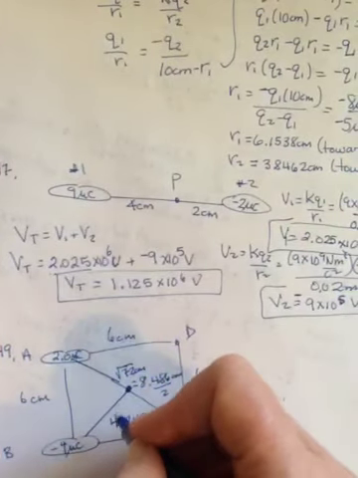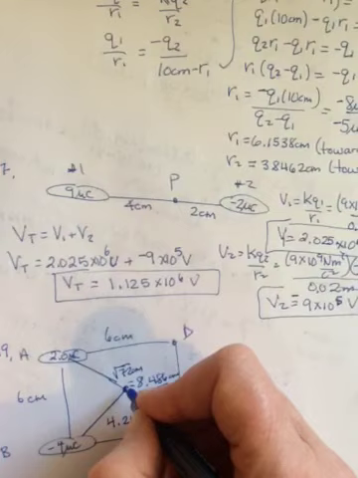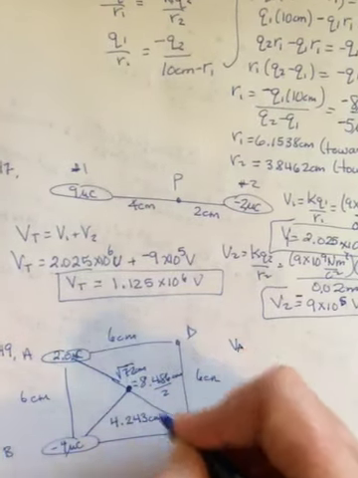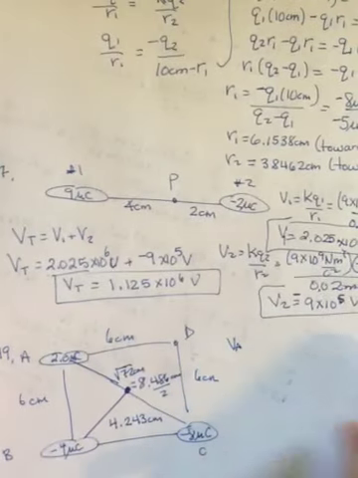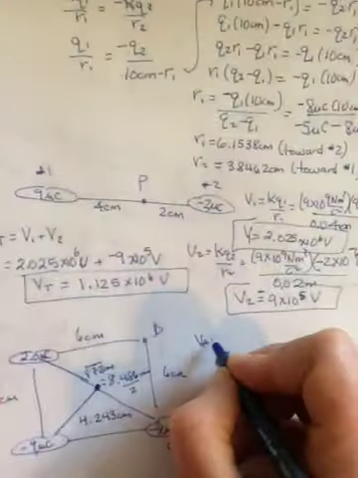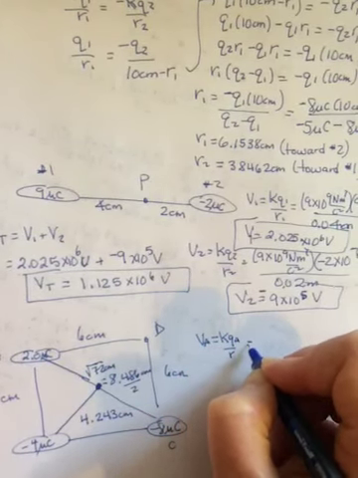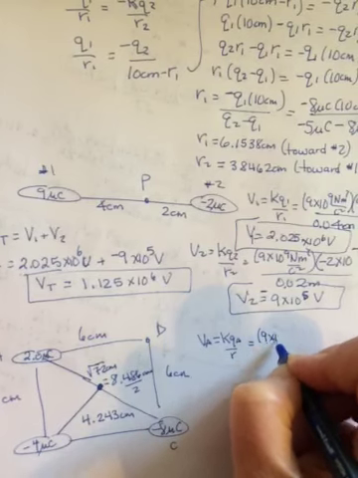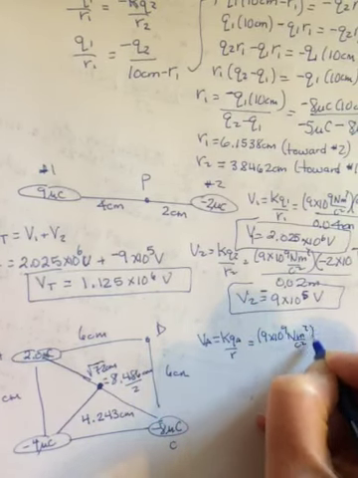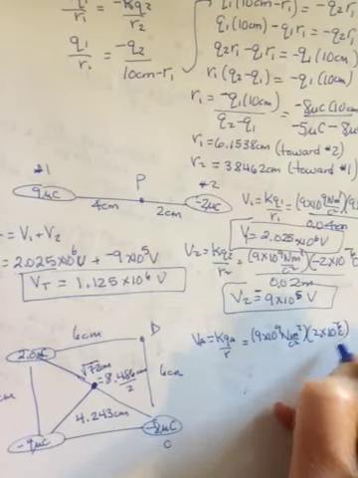Okay, so all of the R's are going to be half the length of the diagonal. And it wants the total potential here, which means we need to find VA, VB, and VC. And then because potentials are scalar, we can just add them together. So VA will be KQA over R. So 9 times 10 to the 9th Newton meters squared per coulomb squared, 2 to the negative 6 coulombs.